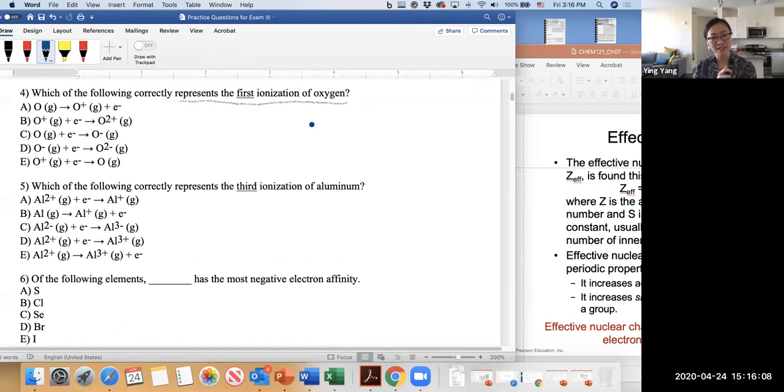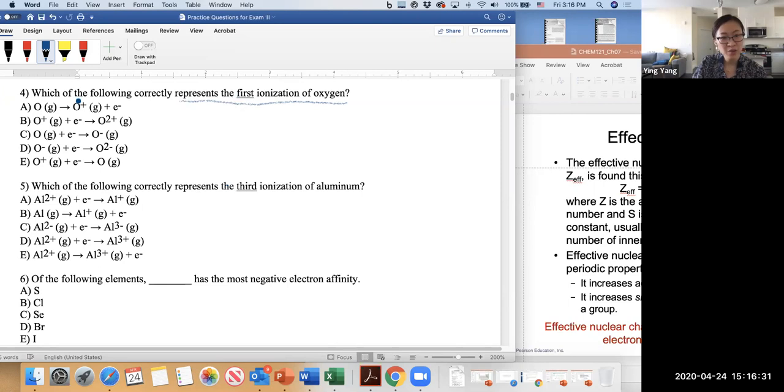So first ionization corresponds to removing one electron, and second ionization represents removing the second electron, and so forth. The third ionization doesn't mean removing 3 electrons, it means the energy it takes to remove the third electron.